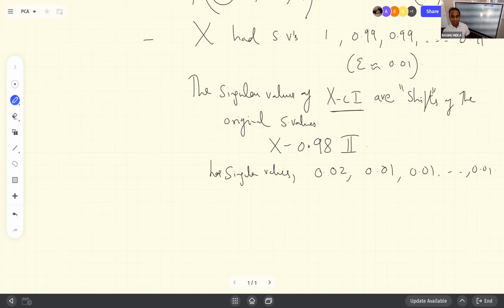Okay, so by shifting the matrix, I made the gap between the first and the second much higher. Right, so here the gap was only 1%, whereas here the gap is 50%. Right?